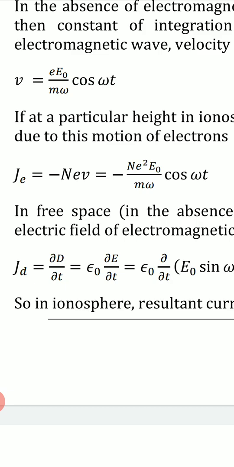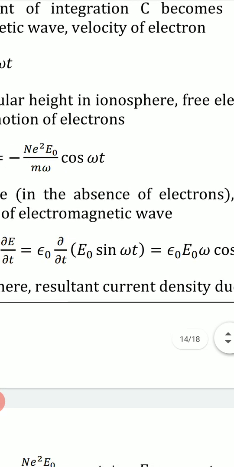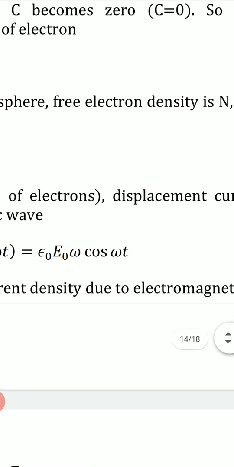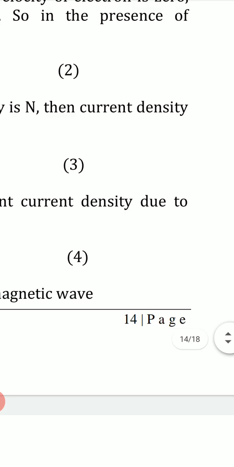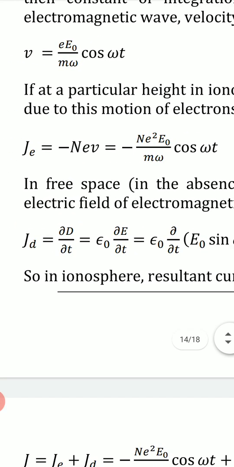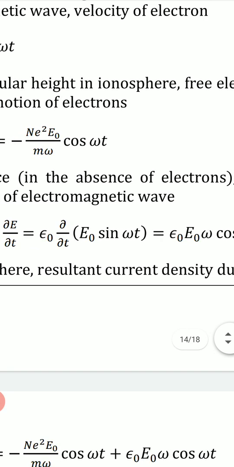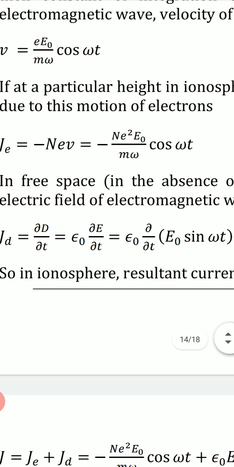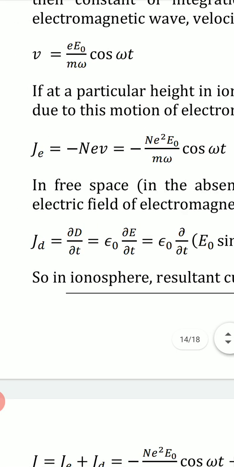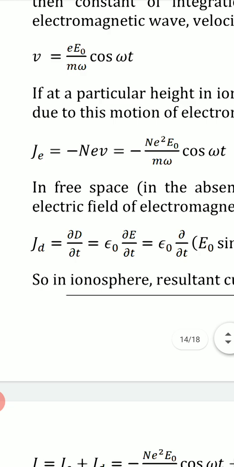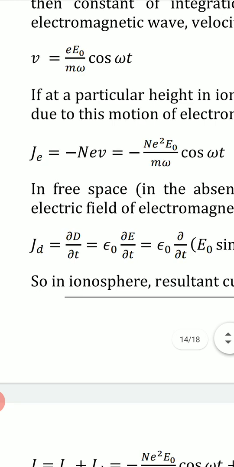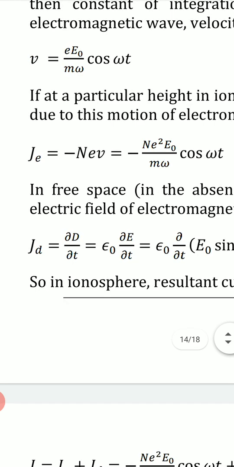In free space, in the absence of electrons, there is displacement current density due to the electric field of the electromagnetic wave. This Je is the current density due to motion of electrons.